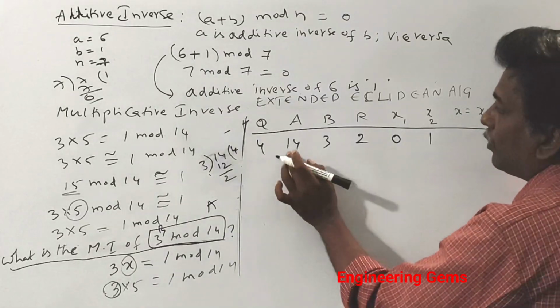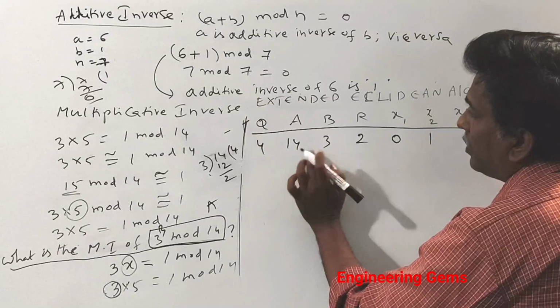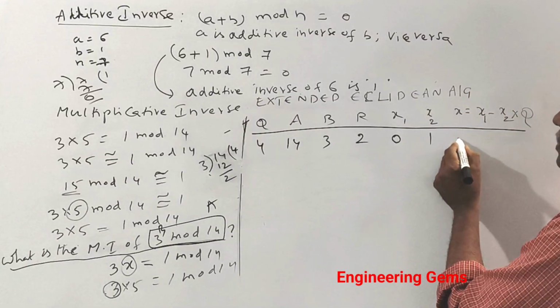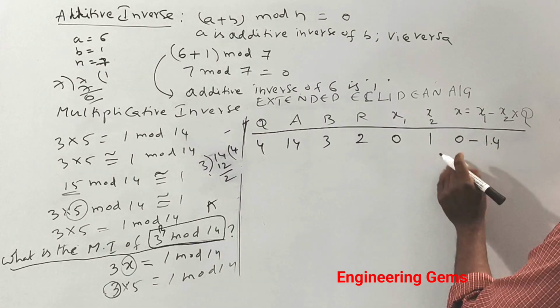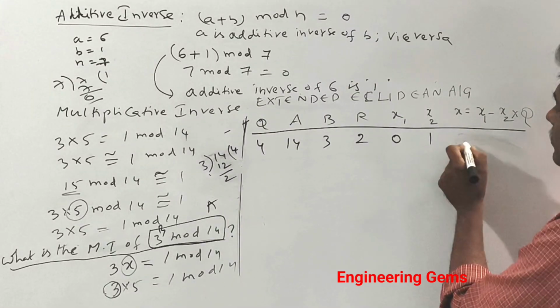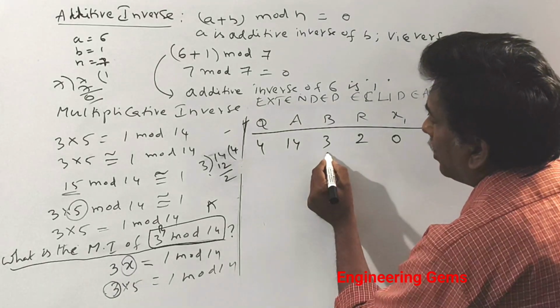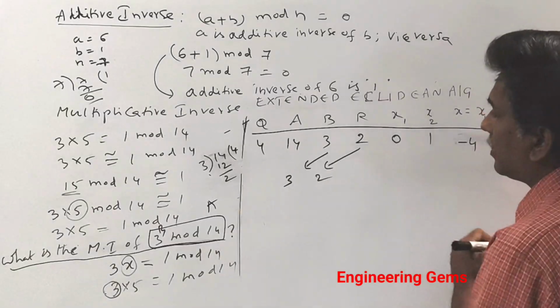So 14 divided by 3 gives coefficient 4, remainder 2. X1 is 0, x2 is 1, so x equals 0 minus 1 into 4, that is minus 4. Now 3 is shifted here and 2 is shifted here.